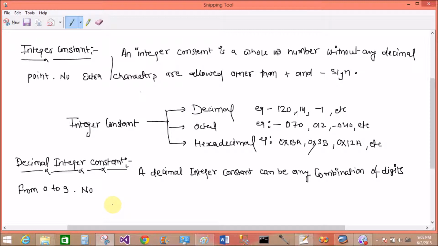No other extra characters are allowed other than plus and minus signs. No extra characters means dollar sign, ampersand sign, less than, greater than, etc. But we still use plus and minus signs because a number can be signed or unsigned. Okay, that is clear.